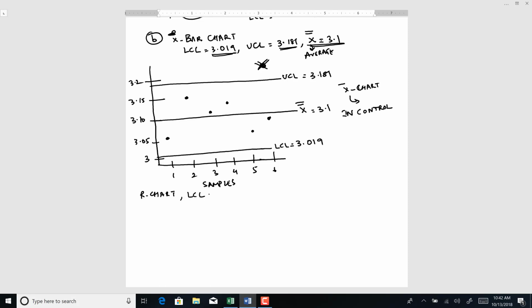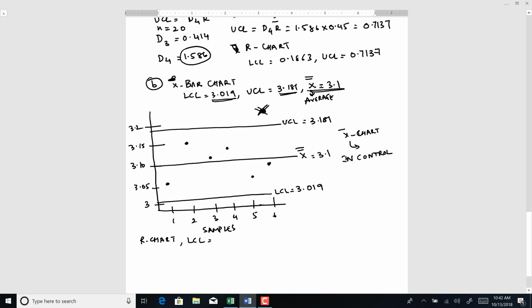So the lower control limit for the R chart is 0.1863, and then the upper control limit is 0.7137.